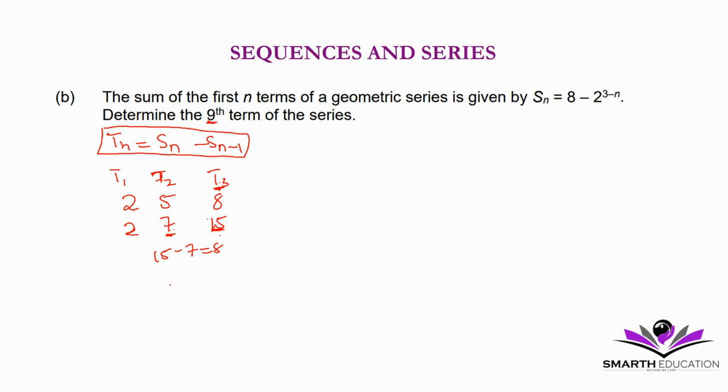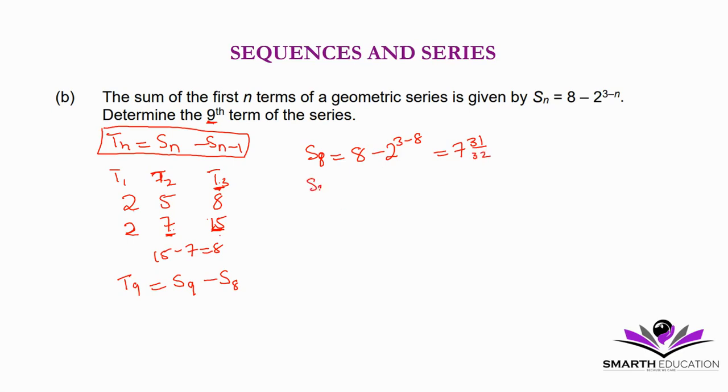Our Tn. So now, it means term number 9 is going to be the sum of the first 9 terms minus the sum of the first 8 terms. S8 is equal to 8 minus 2 to the power 3 minus 8, which is equal to 7 and 31 over 32.